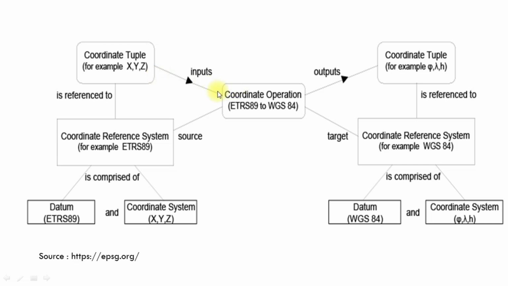And when we transfer from one coordinate system map to another, we also make several mathematical operations. First, we define the datum on which the coordinate system is based, for instance WGS84, and also the coordinate system itself. And thus we make a new coordinate reference system.